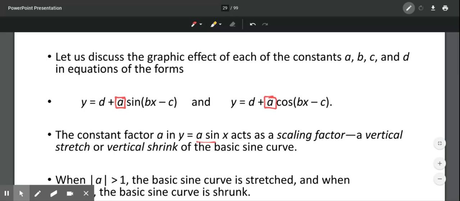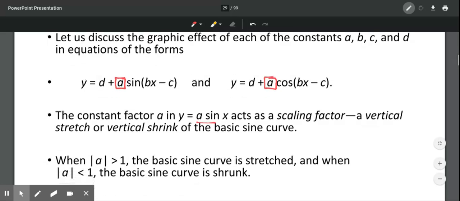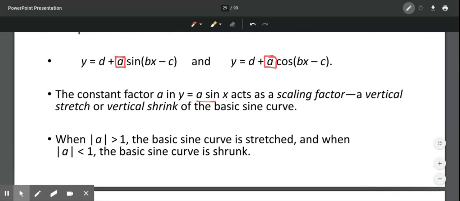So if A is greater than 1, it will be a stretch. But if it's between 0 and 1, like 1/2, it would be a shrink. And that's what this says here. When the absolute value of A is greater than 1, it's stretched. When the absolute value of A is less than 1, it's shrunk.